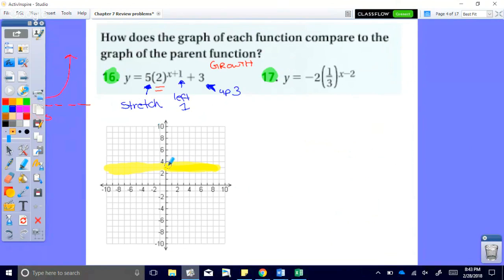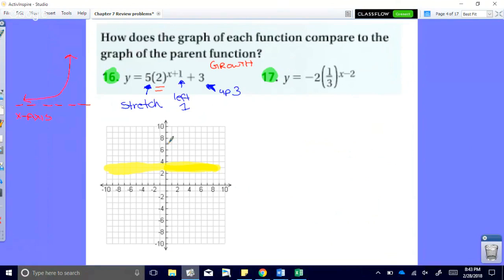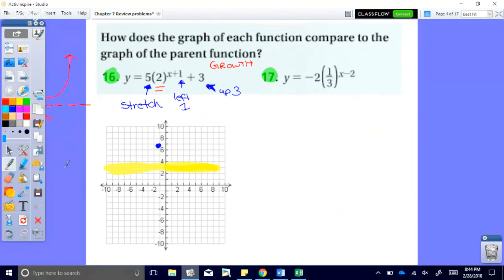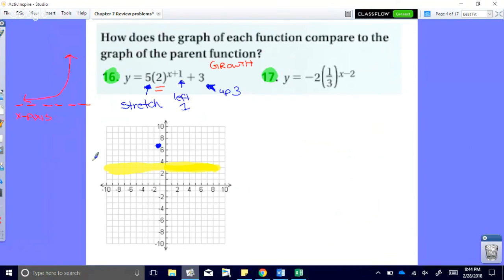Normally we start at 5, that's my starting value, so I'm going to shift it to the left.